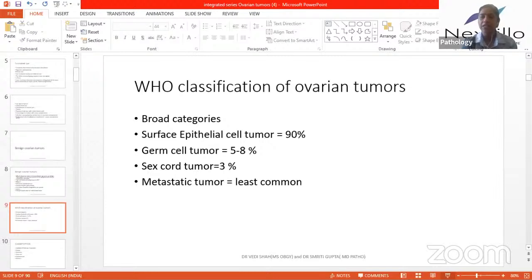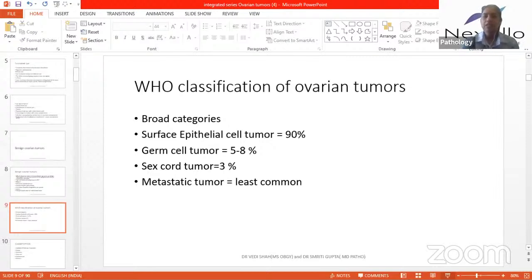They instead arise from the fimbriated end of the fallopian tube. These cells from the fimbriated end go and enter the ovary and form a cyst over there. And then the high-grade ones are basically arising from these intratubular epithelial carcinomas. We'll come to it. So this is the major difference that you need to remember.